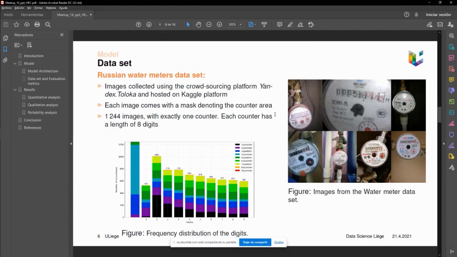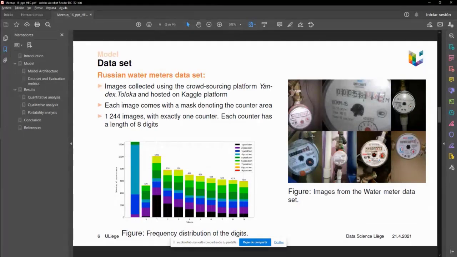Most of the cases that we found in the literature are datasets with a low amount of images, or with images that don't have the correct length that we were looking for. So that's the reason we decided to go for this Russian water meters dataset. It was crowdsourced from the Yandex Toloka platform, and it is hosted on Kaggle, so it's free to everybody.